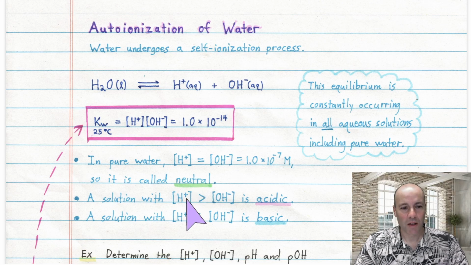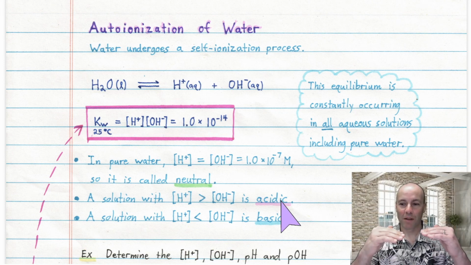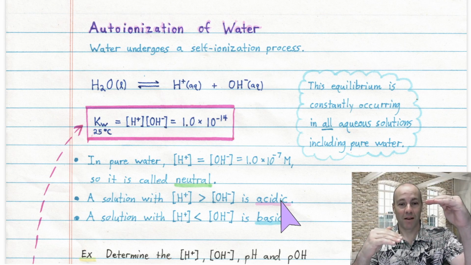If a solution happens to have more proton than hydroxide concentration, we call that acidic. The way you get that is by taking pure water and dumping in an acid. In pure water, the concentrations are equal, but as soon as you dump in an acid, you're giving it extra proton concentration.